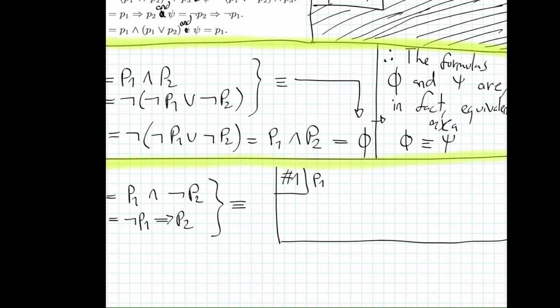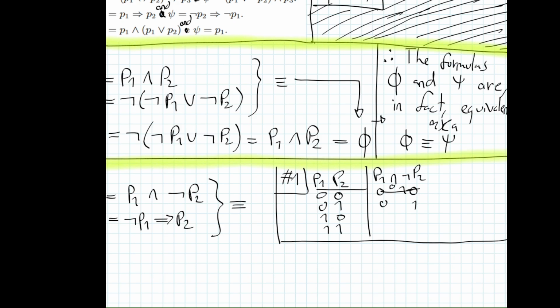Okay, so P1 and P2, let's do their table. P1 conjunction with the negation of P2: for 0, 0, we know the negation is 1 and the conjunction results in 0.